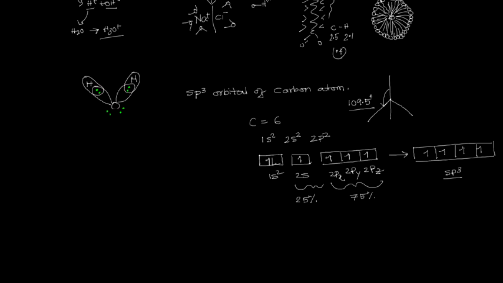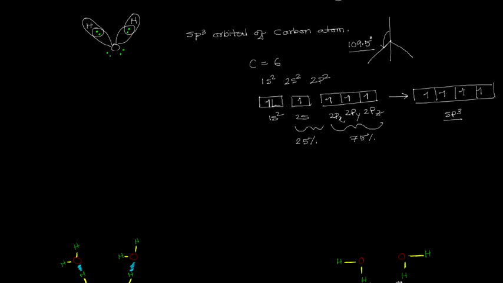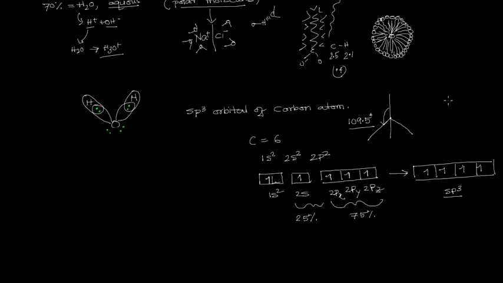Now what is the structure of this? Here, in the central position, this is the nucleus, and outside the nucleus it has a 1s2 electron cloud. Now we have 4 sp3 orbitals with 1 electron each.